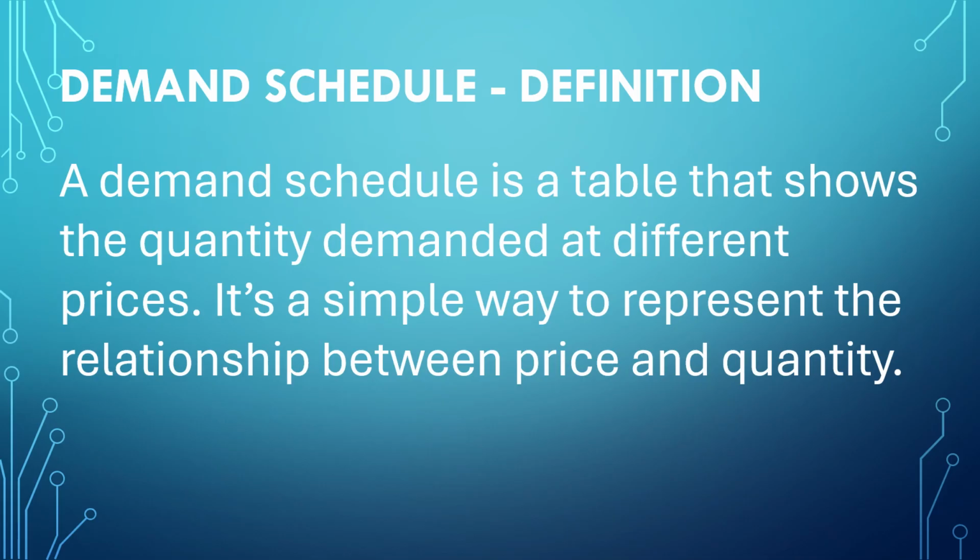So, a demand schedule definition. A demand schedule is a table that shows the quantity demanded at different prices. It's a simple way to represent the relation between price and quantity.